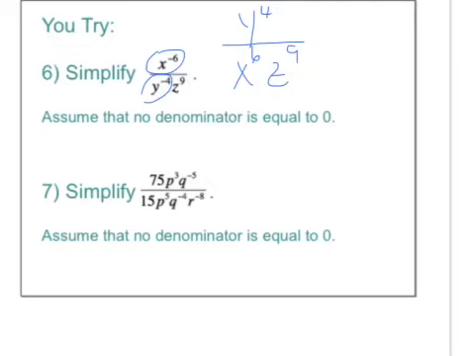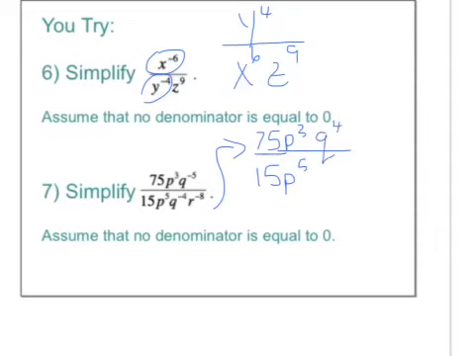Next one, you're going to look at your exponents. I'm going to rearrange this. So I have 75 over 15, and then p to the 3rd power stays, p to the 5th power stays on the bottom. The q's switch, so q to the 4th is now on the top, q to the 5th is on the bottom, and then r to the 8th is on top.